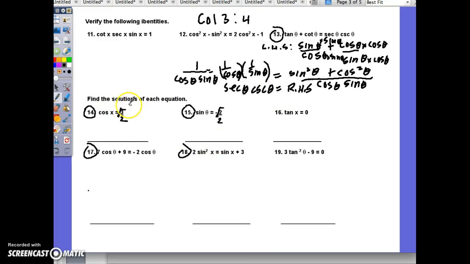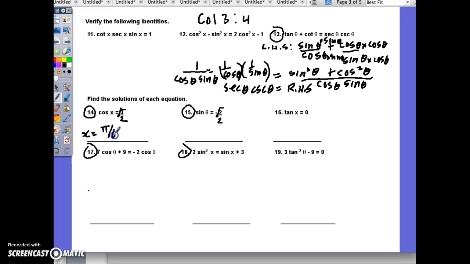So let's transition over now to finding the solution of equations. Here's one, number 14. We have an equation, pretty simple. Cosine of x is equal to the square root of 3 over 2. We're looking for the angle x, which would be such that the cosine of that angle is the square root of 3 over 2. I'm sure you know that would be a couple possibilities.